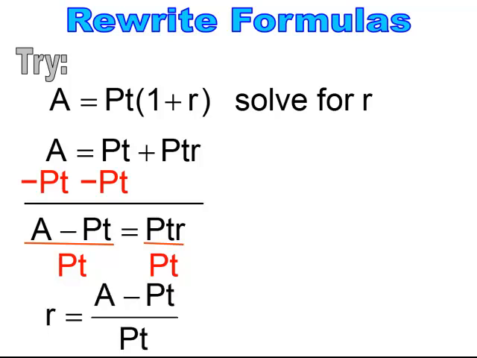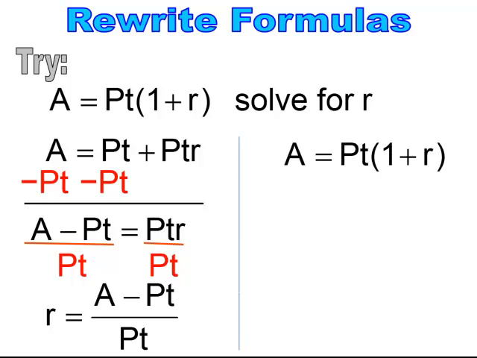Now don't cancel out those PTs, because PT is being divided into the A minus the PT. So you can't just reduce those two PTs there. So the new formula would equal A minus the PT all over PT.